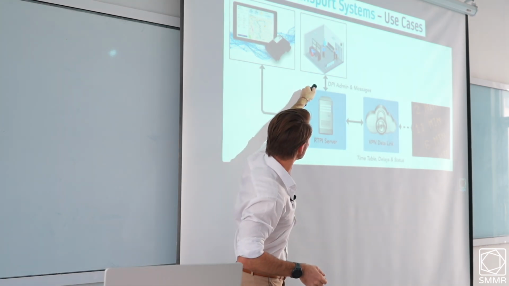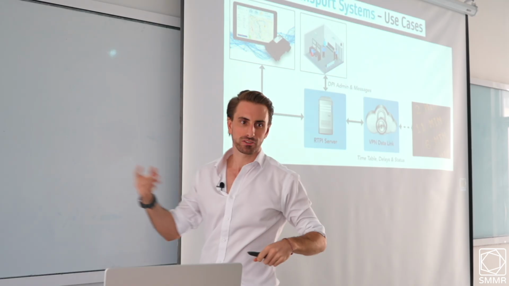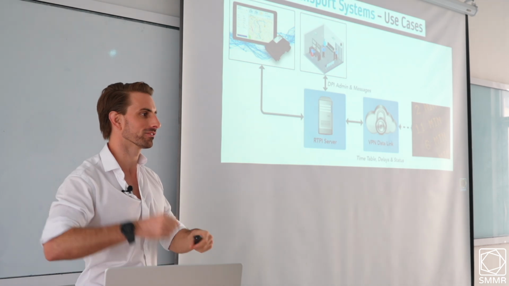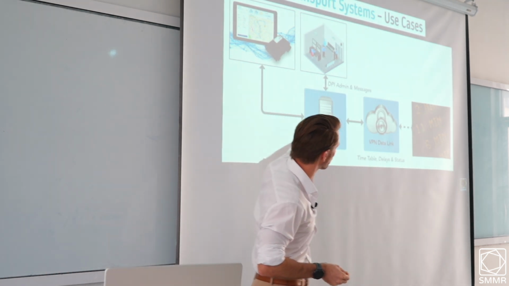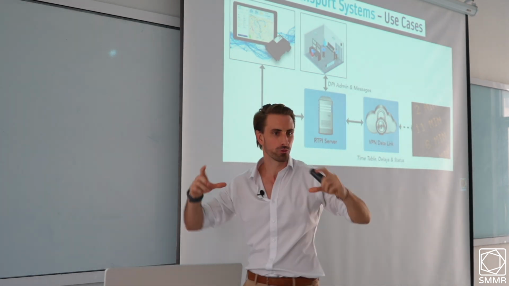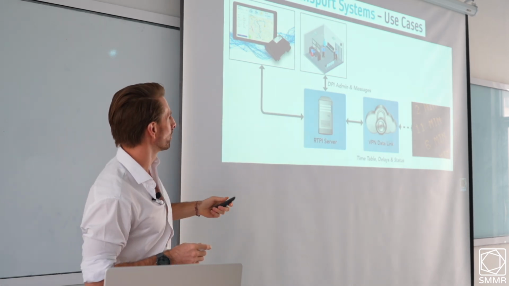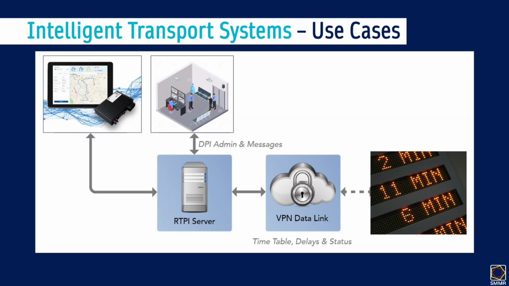And if there's a problem, this guy here, he can also write a little message on this board and say, the bus to the airport is late because of an accident, for example. And that goes through the server and then reaches the in-field piece of hardware, this sign. And so for this setup, you do need quite a set of different systems and services, but when it all comes together, it adds a lot of value to your public transport system.